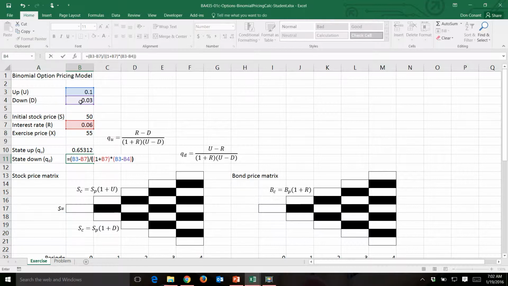Now we have the denominator, that is 0.29028. Now we have the probability of state up, or Q sub U, and the probability of state down, Q sub D.